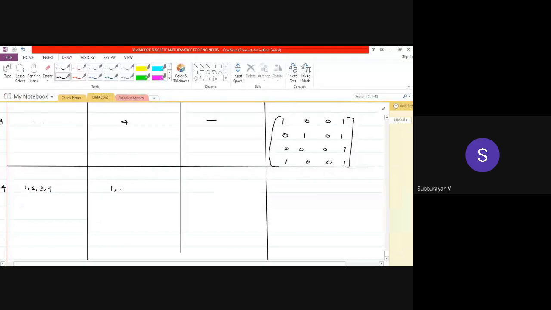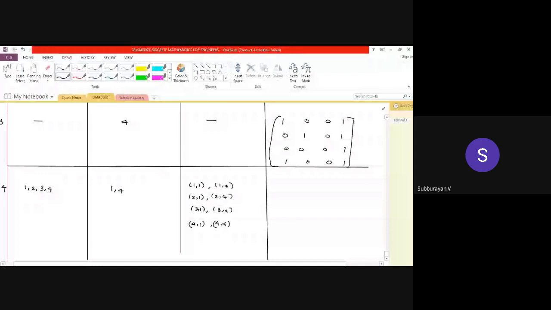Now make the combination: (1,1) and (1,4), then (2,1) and (2,4), (3,1) and (3,4), and (4,1) and (4,4). These are the new entries we have to make 1.